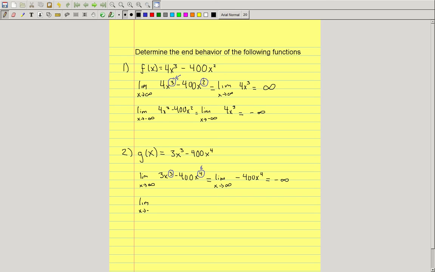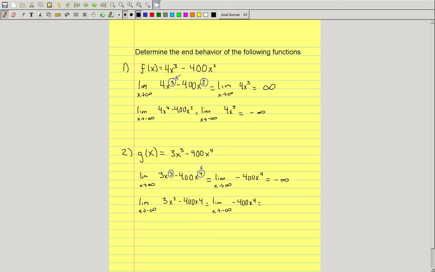Now we look at the limit as x approaches negative infinity of our same function. We know from our previous determination that this limit is dominated by the largest degree term.